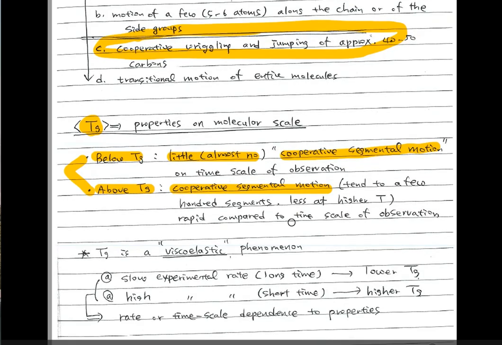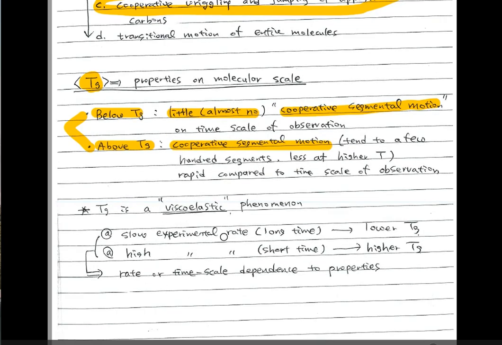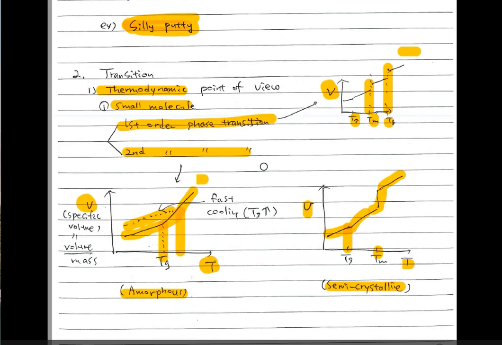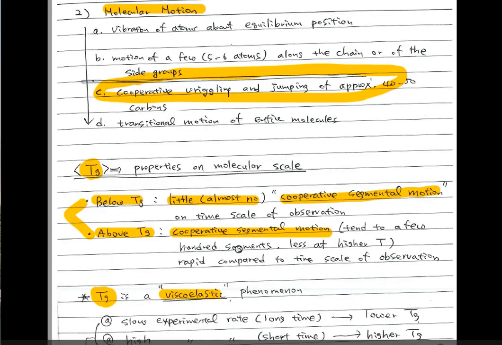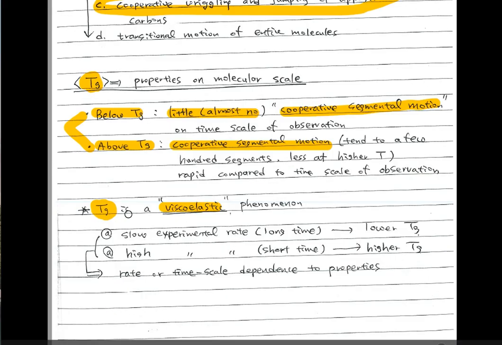Very interesting behavior. As we have already learned, Tg is kinetic behavior. In other words, it's a viscoelastic phenomenon. We'll learn about this viscoelastic behavior of Tg in more detail later. As I explained here, with fast cooling, also a time scale experiment, Tg depends on the experimental rate. If you do the experiment at a slow rate or long time, it lowers Tg, which means that it behaves like a flexible material.